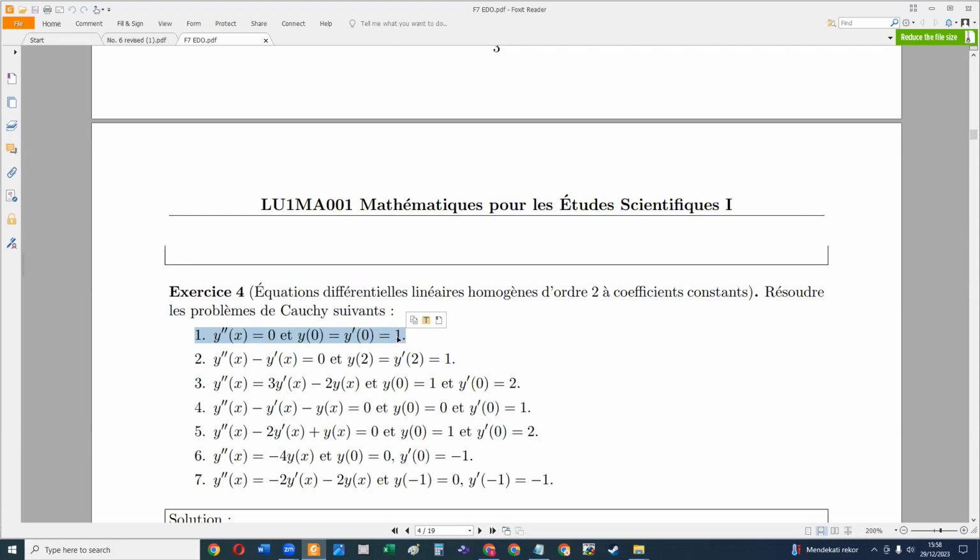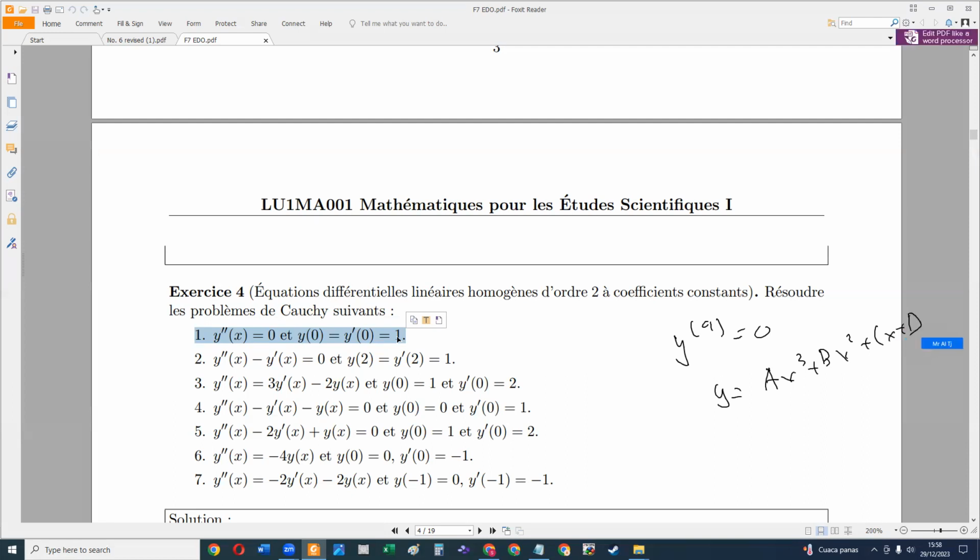So let's say if you have y4 is 0, then y is going to be a polynomial with the power of 3. So it's going to be ax cubed plus bx squared plus cx plus d.